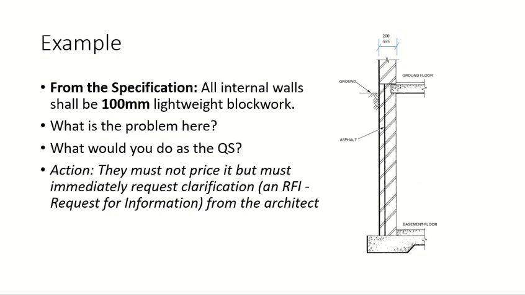You don't make your quotation. Because of this problem, you will go back to the client and fill up a form called a request for information, and you can give it to the client or the consultant, whoever is dealing with you. Until you get this information clean and clear, you will not go ahead with the pricing. Clear? Any questions?